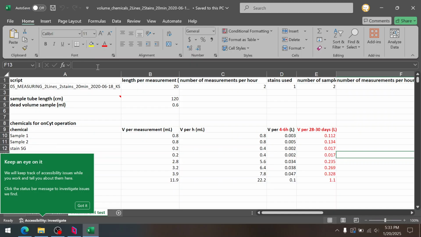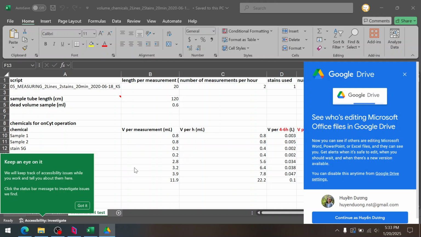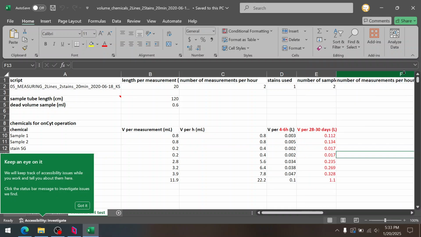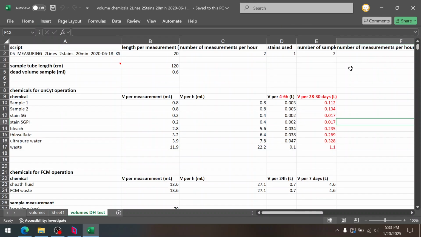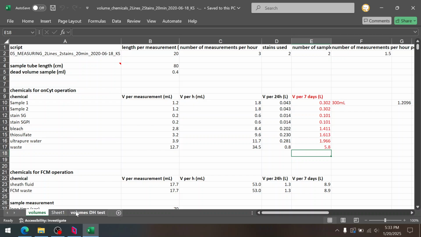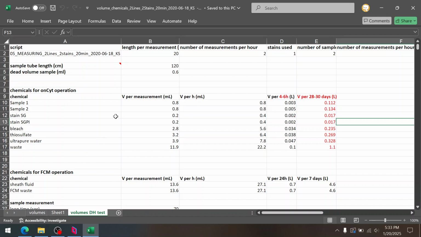I will explain using this Excel file. Okay, so in these files, I made some modification here. I think this is the original one. In this file, they calculate the volume in each tube with different lengths.